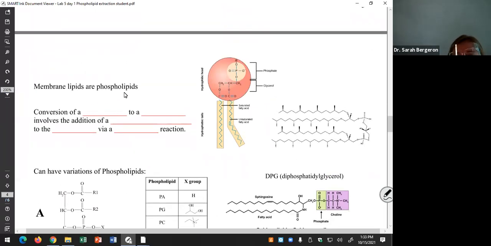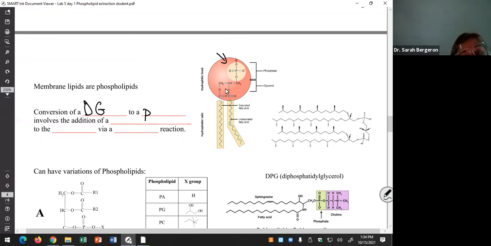When we make a phospholipid, we're going to have a diacylglycerol, because we want two acyl groups and a phosphate.